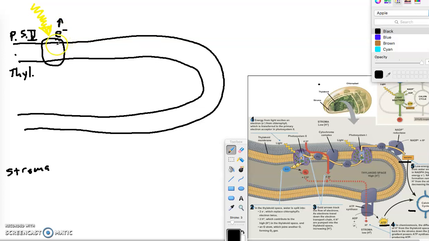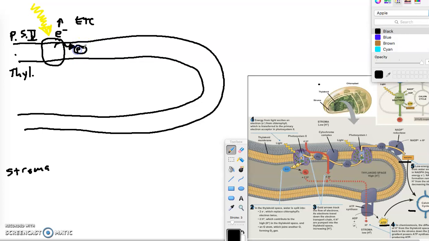And what happens is now that higher energy state electron gets passed along to something you're kind of familiar with now, and that is an electron transport chain. So the electron transport chain is going to be the recipient of that high energy electron. There are just a few molecules you need to know.